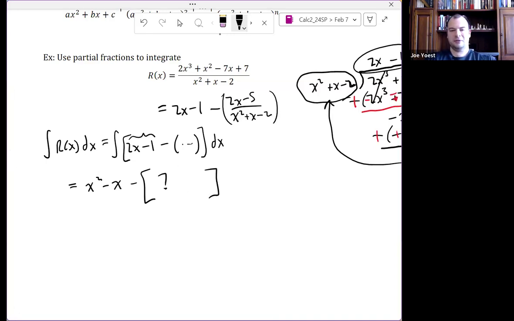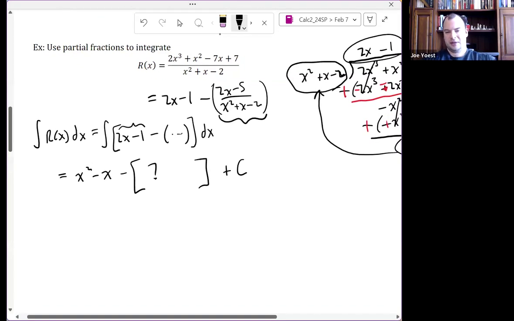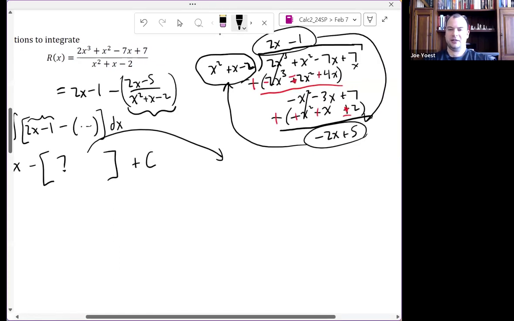We might need a little more room for that. And then plus c. And this is where the partial fractions really comes into play, dealing with this bit here. So we made one step forward. Now we're going to come back over here.